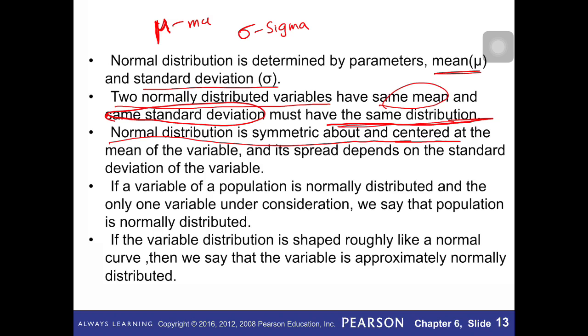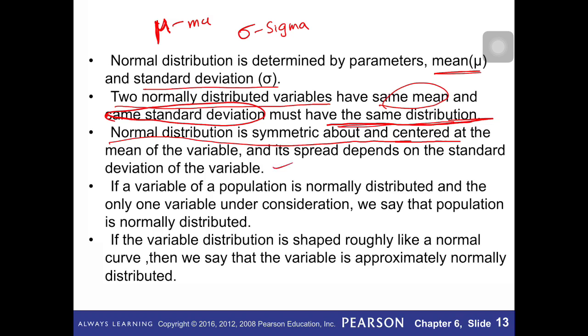That's why mu is the location parameter and sigma is the shape parameter. Sigma changes the shape of the curve. Mu shifts the curve horizontally.